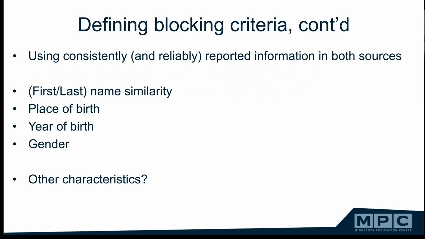Within the literature and in all examples that I'm aware of, what's typically used is consistently and reliably reported information from both sources. So blocking criteria are typically defined based on first and last name similarity.